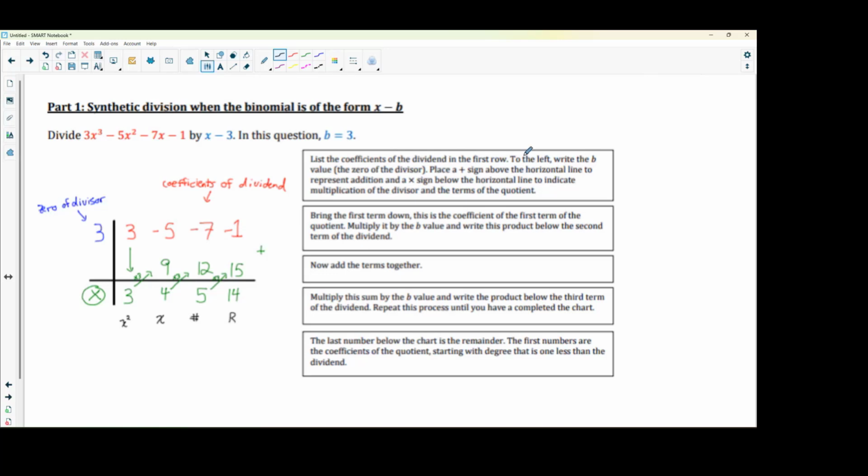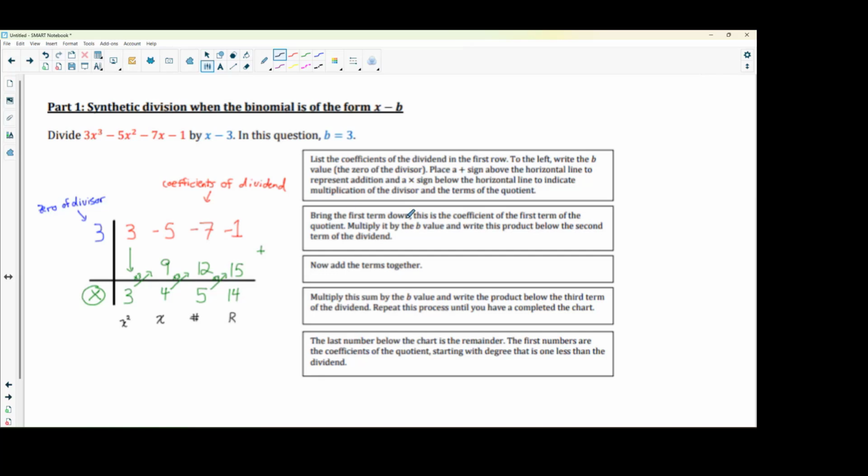Then to the left, we write the b value, 3. We place a plus sign above the horizontal line to represent addition, and an x sign below it to indicate multiplication of the divisor and the terms of the quotient.